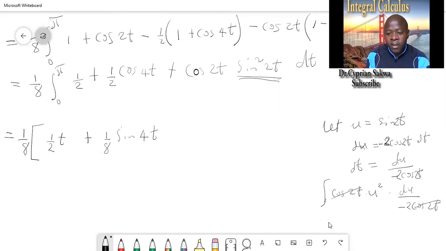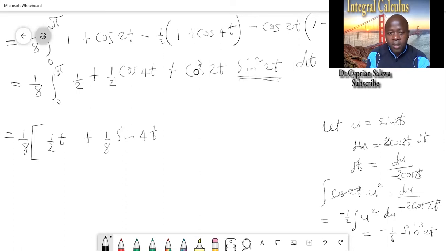So cos 2t cancels with cos 2t. What I have is negative a half integral of u square du, which is negative 1 over 6. We see this is 3 here, I add 1, it becomes 3, divided by 3. So I've got u cubed, but u is sine, so sine cubed 2t.